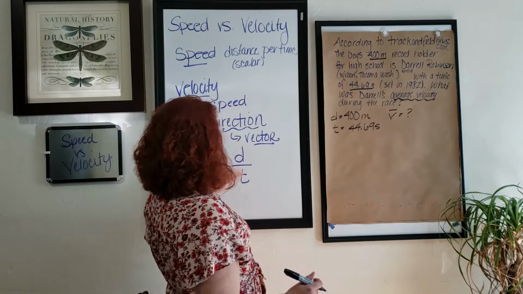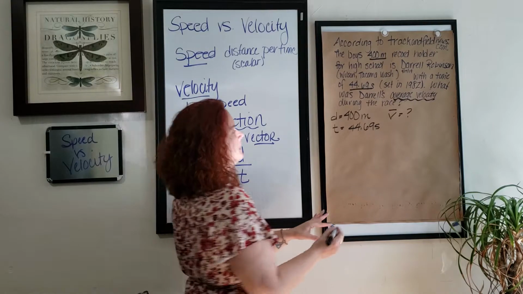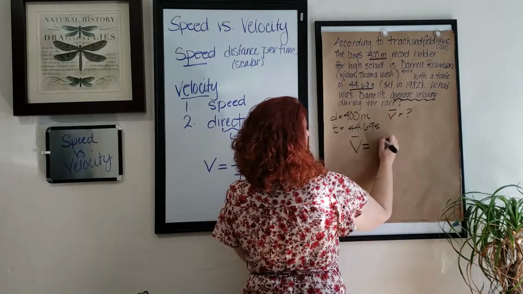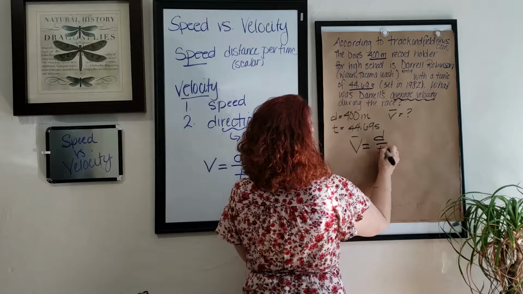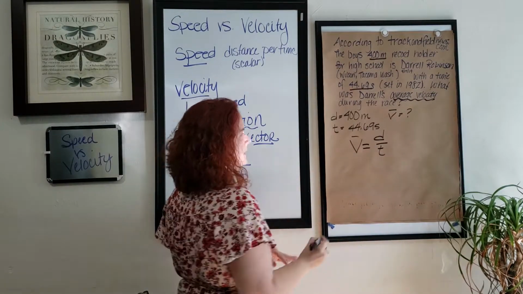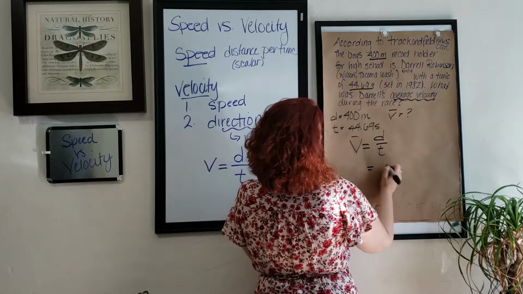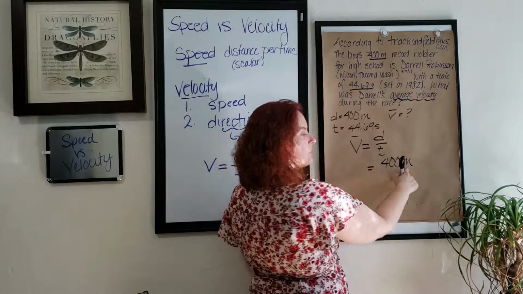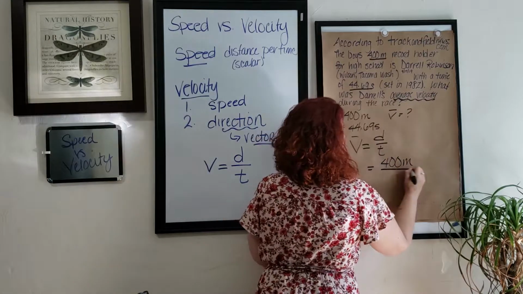So here's our equation. Next step: our equation is V equals D over T. We have our D, we have our T. Life is good. We can just plug it in. 400 meters. Make sure that you always put your units in.